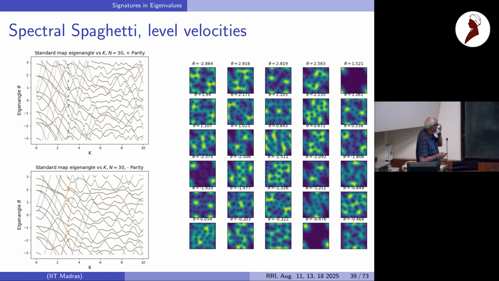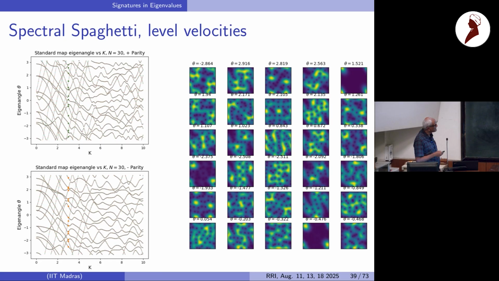So a lot of crossings here for small k and for large k, you have these avoided crossings. So this is the negative parity sector. It's almost the same picture. You need to separate out the parities because these parities are independent.